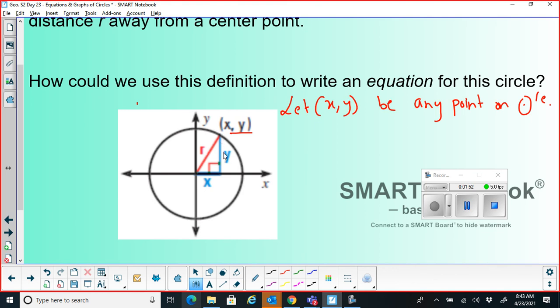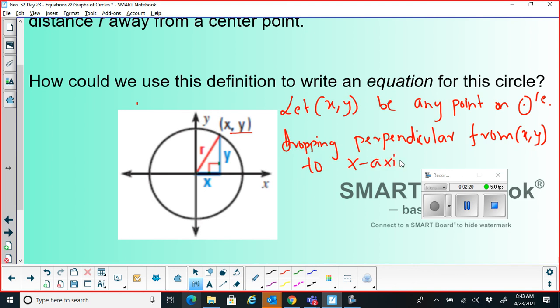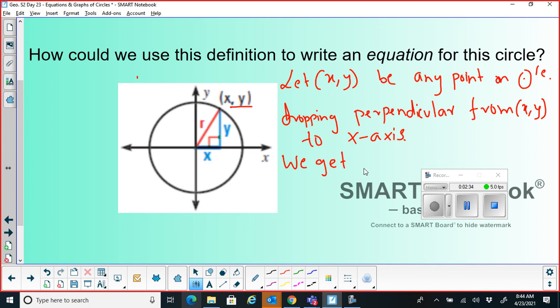If I drop a perpendicular from that point to x-axis, we get a right triangle with legs x and y units.